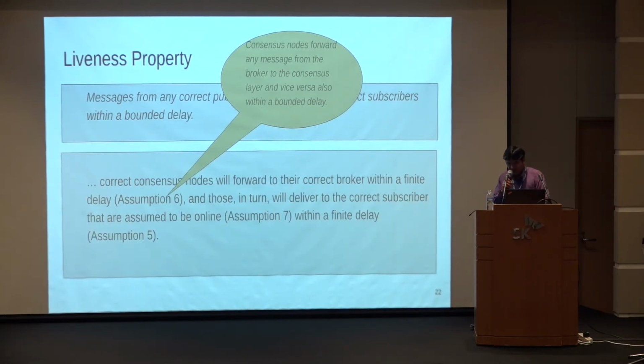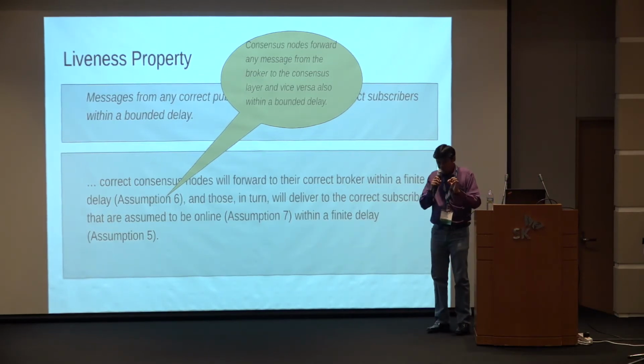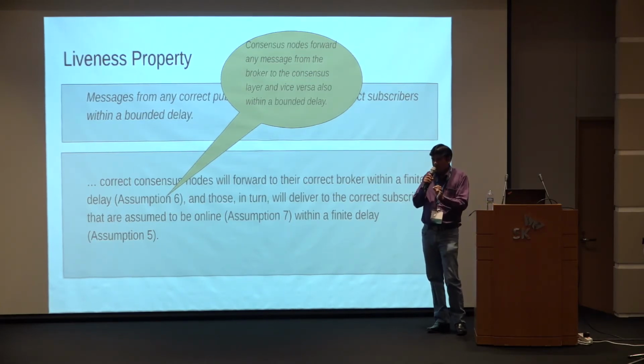In a nutshell, what we are trying to prove is that as long as all the publishers, broker, and the consensus nodes are non-faulty, the subscribers are guaranteed to receive the right message within a bounded delay or within a finite delay. So that is the liveness property that we are proving.